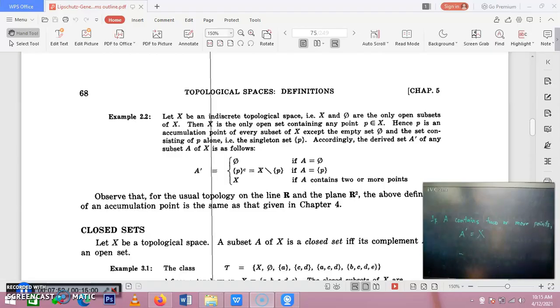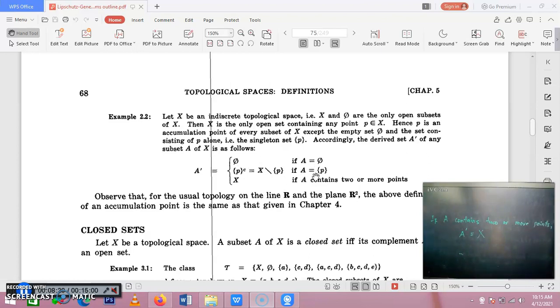So, in general, if a set contains two or more points, then the derived set of that given set is equal to X. Accordingly, the derived set of any subset A of X is as follows. If the set is empty, then the derived set of A is empty.